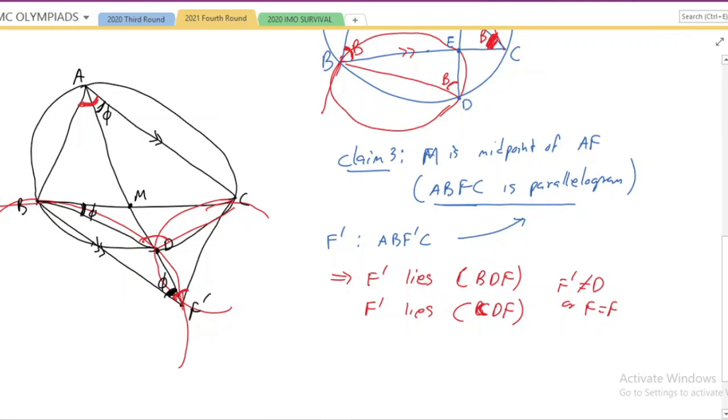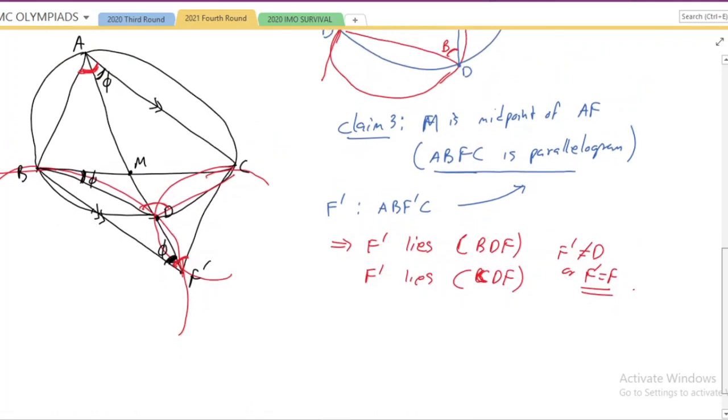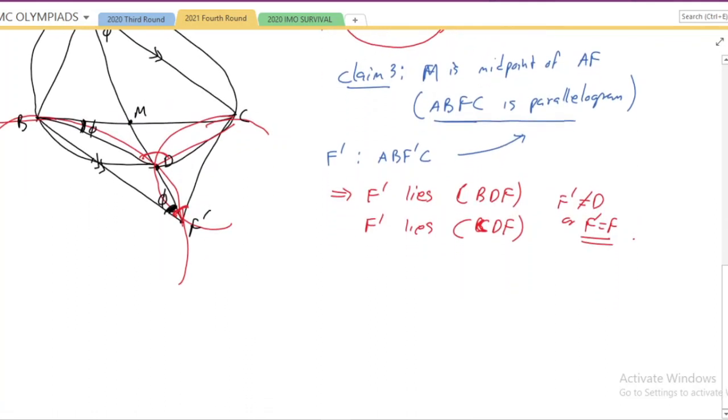So this means that F prime is going to be equal to F. Alright, so that brings us to that bit there. Okay, so now move on to claim 4.